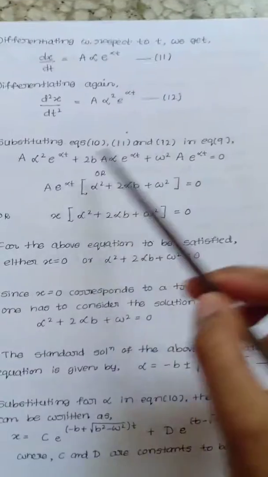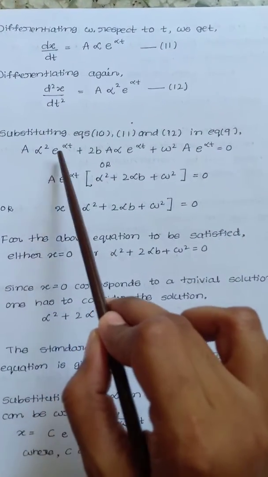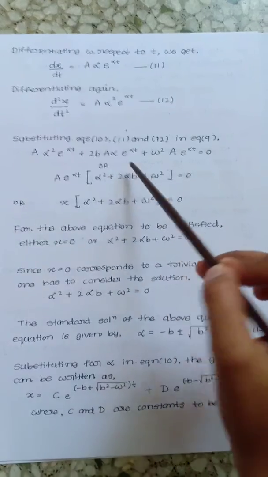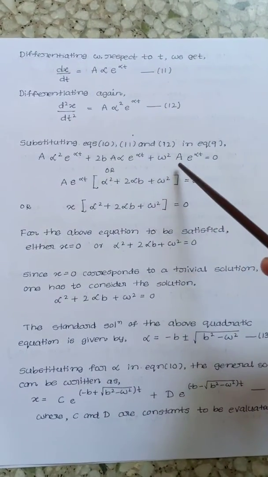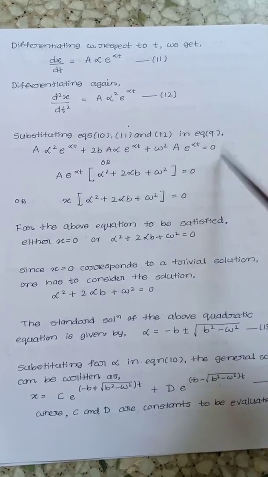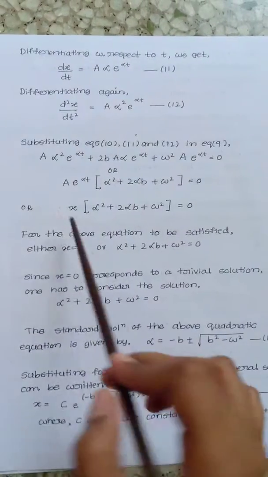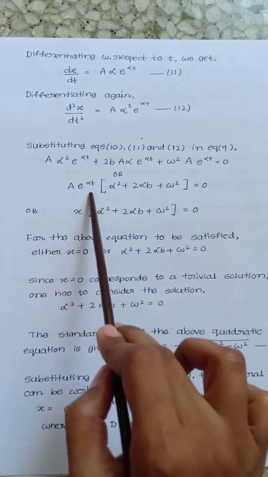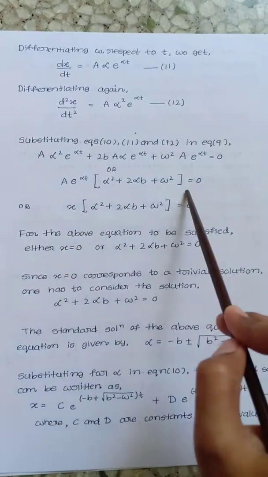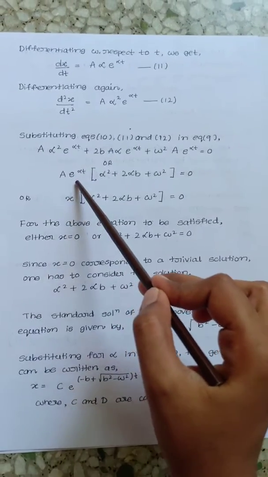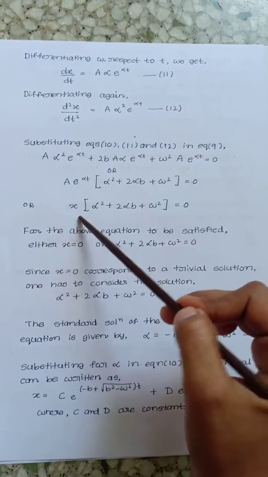So you will get a into alpha square e to the power of alpha t plus 2b a alpha e to the power of alpha t plus omega square a into e to the power of alpha t is equal to 0. Now take a into e to the power of alpha t common. Here a into e to the power of alpha t is nothing but x from equation 10.